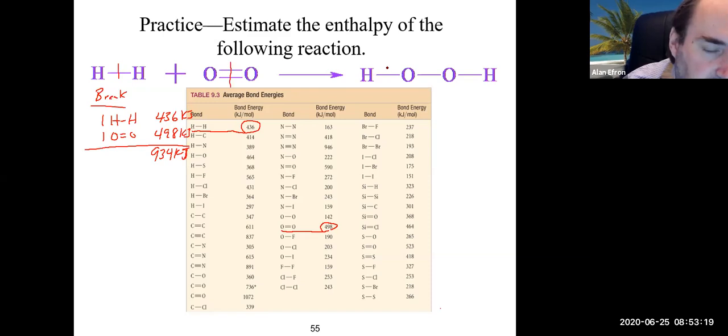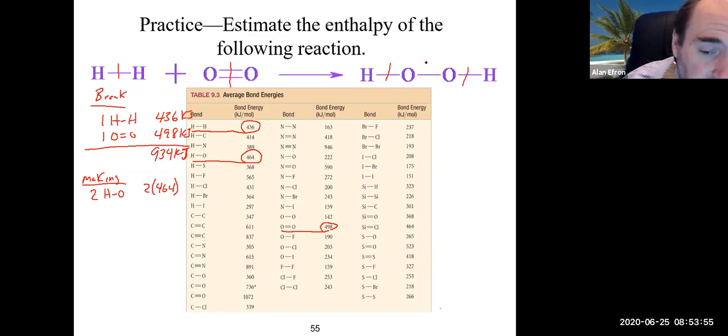On the other side, we do have a hydrogen oxygen here. Let me just verify there. So we're making 2 of the hydrogen oxygen bonds, 464 each. We need to multiply that by 2 because we're making 2 of them.